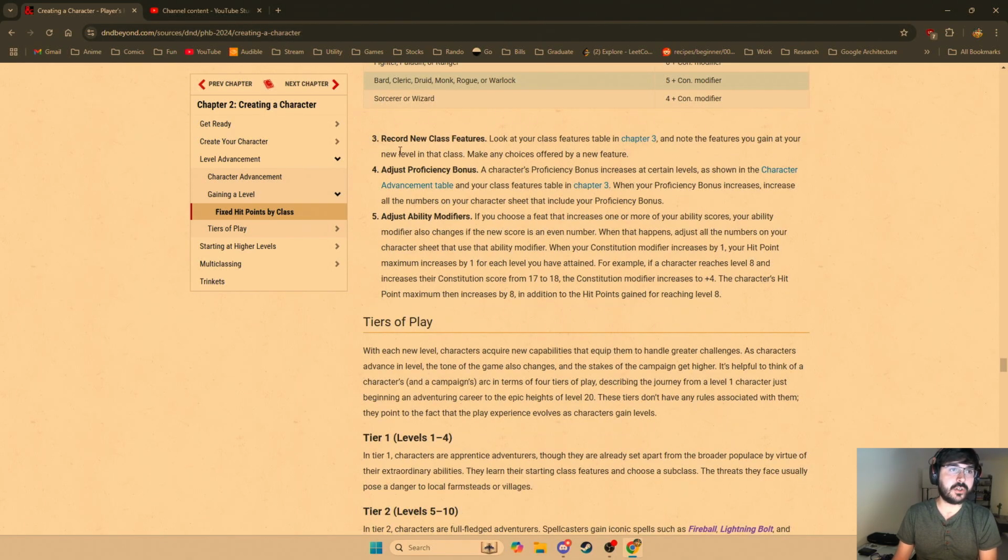According to new class features, adjust your proficiency bonus as needed, and that's kind of like why having a sheet of paper that's static isn't exactly great, because you know it might need to get updated.